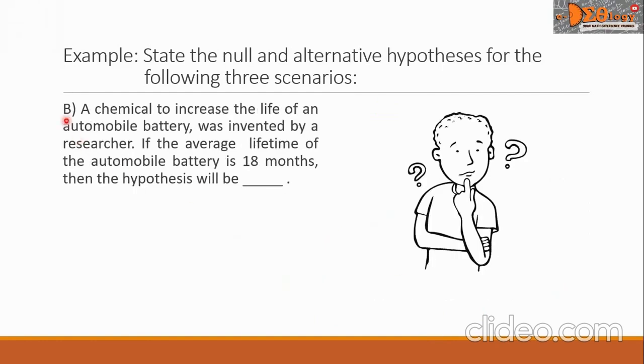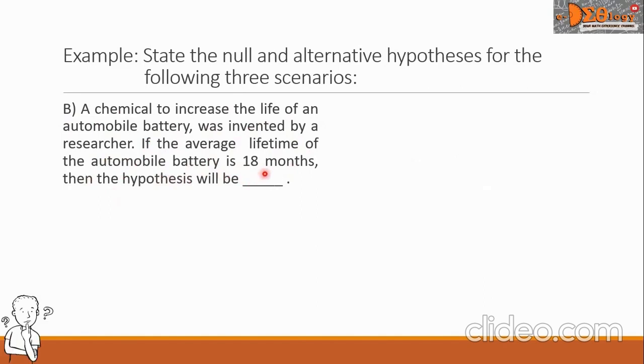Let us see this scenario B. A chemical to increase the life of an automobile battery was invented by a researcher. If the average lifetime of the automobile battery is 18 months, then the hypothesis will be blank.